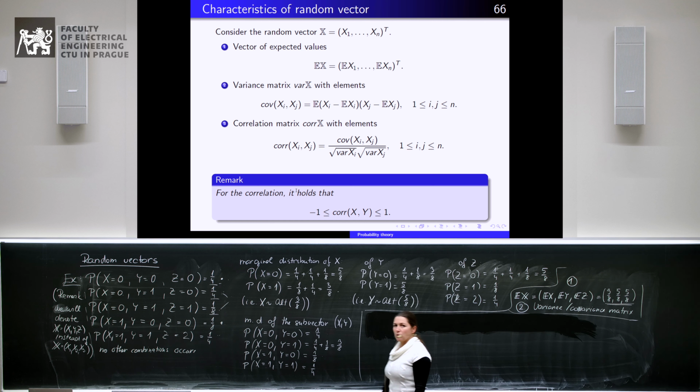Let me describe what covariance of two random variables is. It is defined as the expected value of the product of the difference of the first random variable from its expected value and the difference of the second random variable from its expected value.